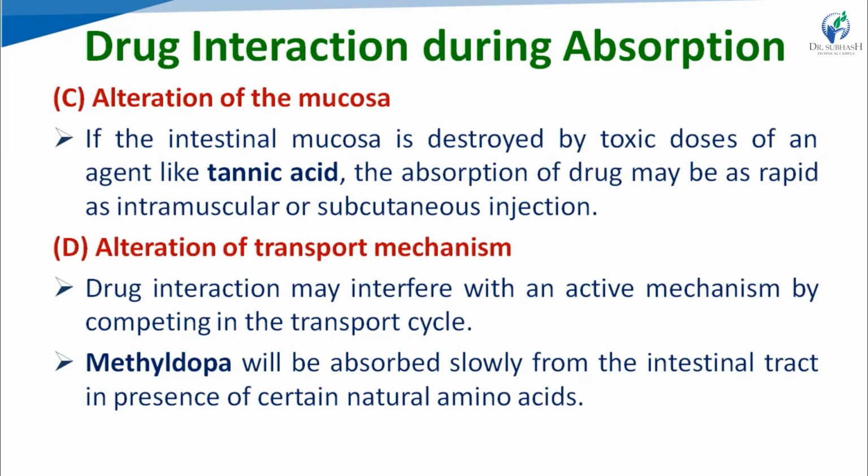Then alteration of the mucosa. If the intestinal mucosa is destroyed by a toxic dose of an agent like tannic acid that is used to stop the bleeding, the absorption of the drug may be as rapid as intramuscular or subcutaneous injection. देखिए यहाँ पे क्या होगा कि intestinal mucosa अगर destroy हो गया है, तो in this condition the absorption rate will be increased, और अगर आप intramuscular और subcutaneous injection ले रहे हो तो इसके जैसा oral dose का absorption rate हो जाएगा.